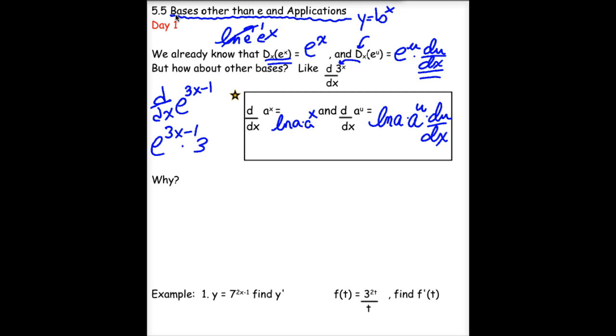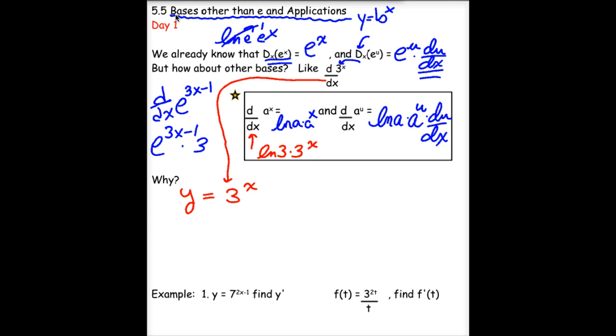So let's go over to this one, and let's do this formally. According to this model right here, the derivative of 3 to the x should be ln 3 times 3 to the x, and it is, and you don't have to prove it every time, but we're going to take a formal approach to it. Let's call our function y equals 3 to the x.